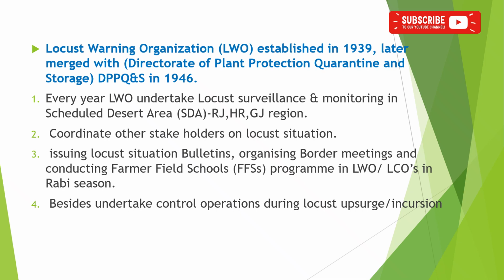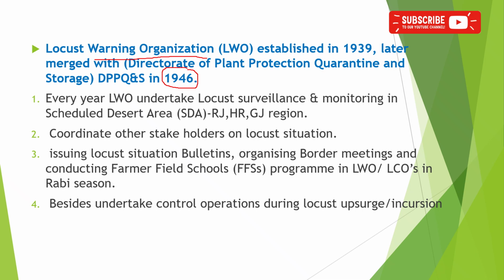Looking at all the damage caused by the locust, an organization was set up in 1939, called the Locust Warning Organization. Afterwards it was merged with the Directorate of Plant Protection, Quarantine and Storage in 1946.